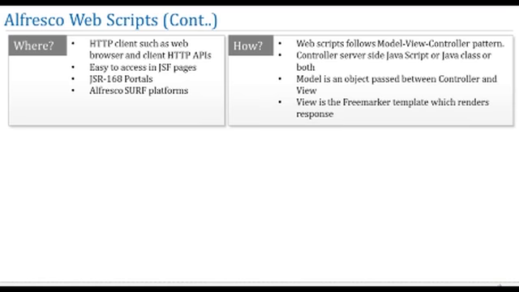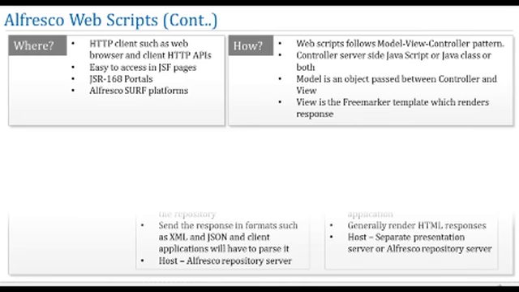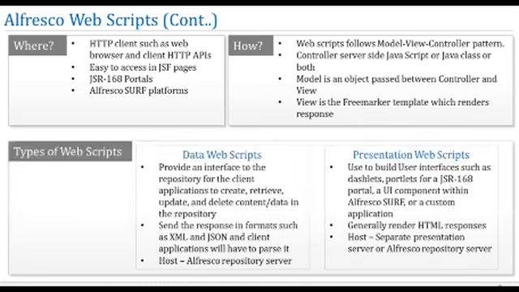So now, what are the different kinds of web scripts? Those are data web scripts, and the other one is presentation web scripts. For building integration solutions, data web scripts, which are alternatively named repository web scripts, are used.